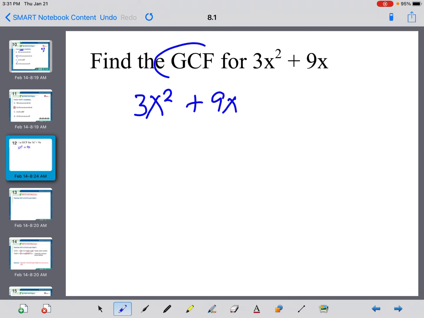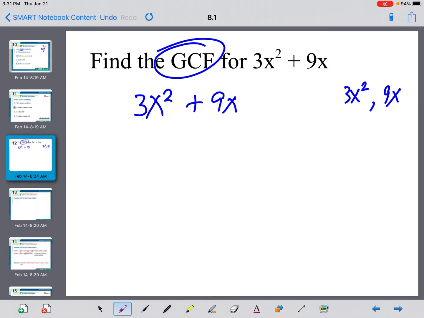So we have 3x squared plus 9x. So we're being asked to find the GCF. Instead of saying 3x squared comma 9x, these two things, they could have done it that way, find the GCF of these two things. They've given it to us in binomial form, because that's where we're going.